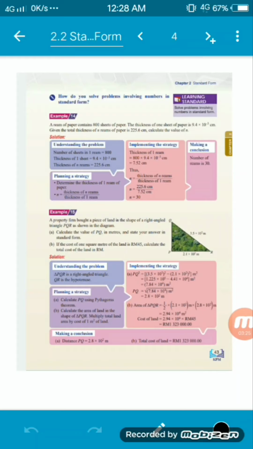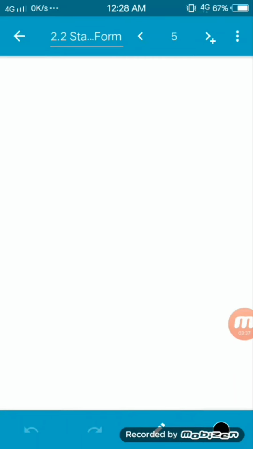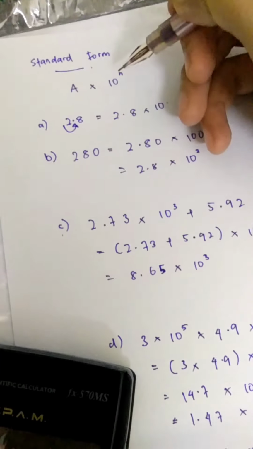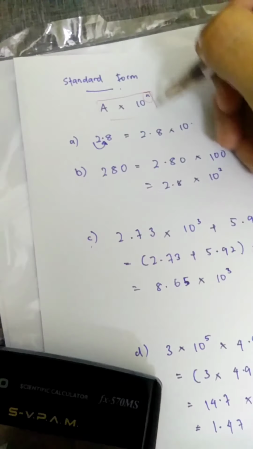Okay, this one you can read. For basic arithmetic, for example, this one is an example for standard form, A times 10 to the power n. This one is the formula.